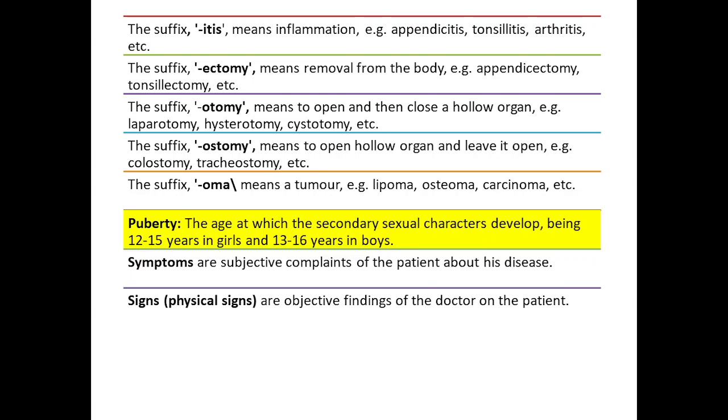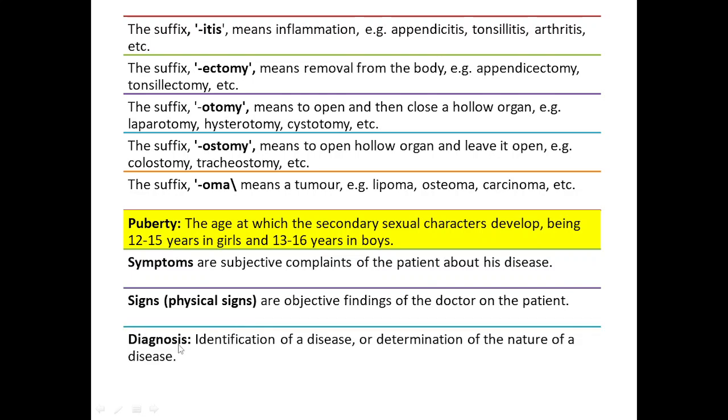And signs are the ones that the doctor finds. For example, he has purpura, purplish dots on his skin. He has cyanosis. The lip color is blue. The eyes, the tip of the nose and the earlobules are blue. He has jaundice. The color of his eyes is yellowish. He has anemia.